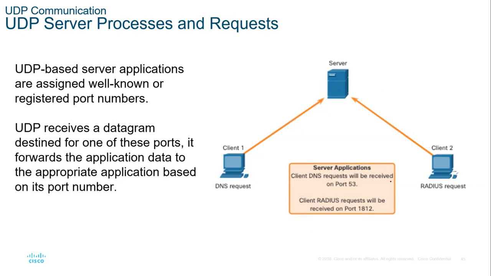UDP-based server applications are assigned well-known ports, so on the server side it also uses the well-known or the registered ports for new applications that are coming on board. UDP receives datagrams destined for one of these ports.